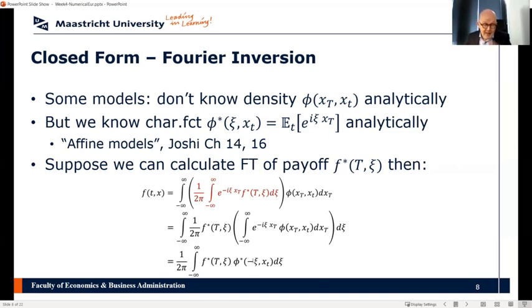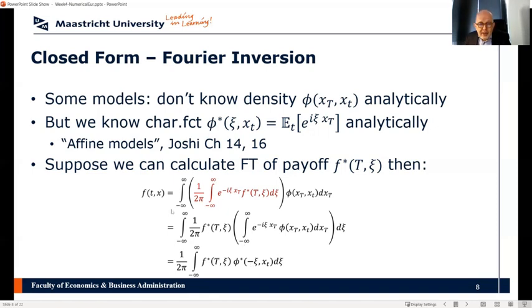So this is a nice way of doing it. If we have a characteristic function phi star, instead of doing this double integral, I can express this expectation of the payoff as a one-dimensional integration in the Fourier space, using f star of psi and phi star in the argument of minus psi.